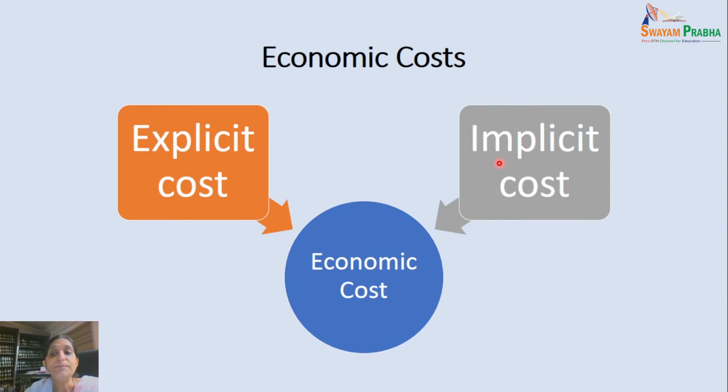Right? So implicit cost takes into consideration the concept of economic opportunity cost. Basically it's the imputed value of the resources which were self-owned by the entrepreneur who is organizing the whole activity.